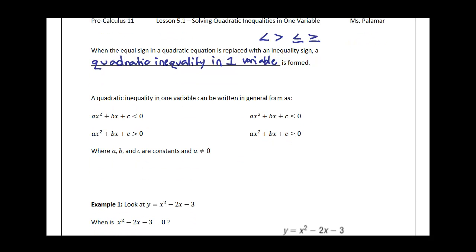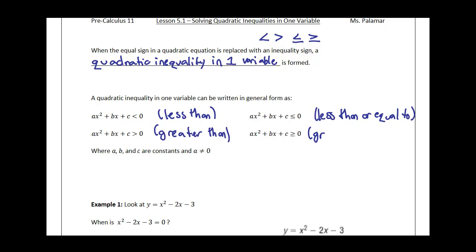We have ax squared plus bx plus c is less than 0. And then we have it as greater than 0. And we have less than or equal to. And lastly, we have greater than or equal to.